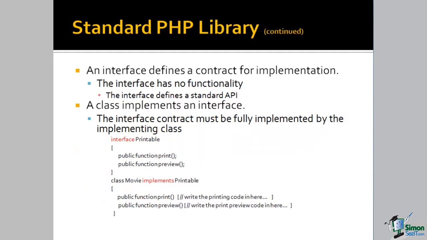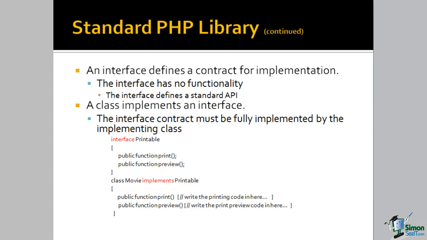An interface as a software construct is the definition of a set of functions that must be implemented by a class that uses that interface. So the interface software construct provides for standardizing the API to certain functions within an application.